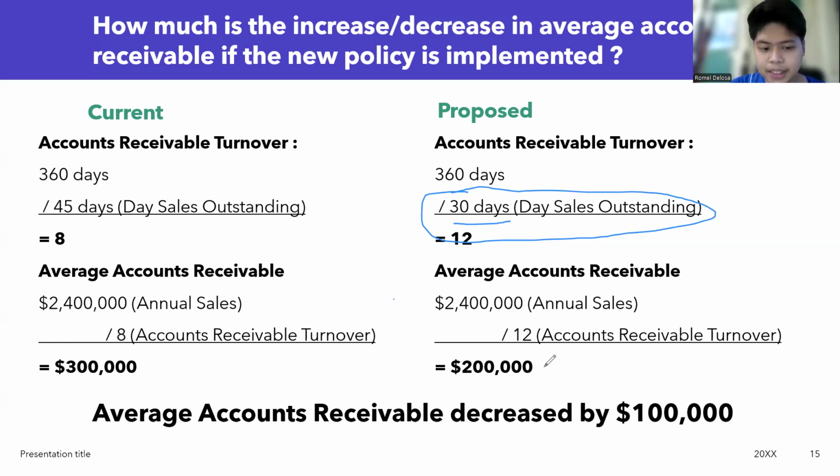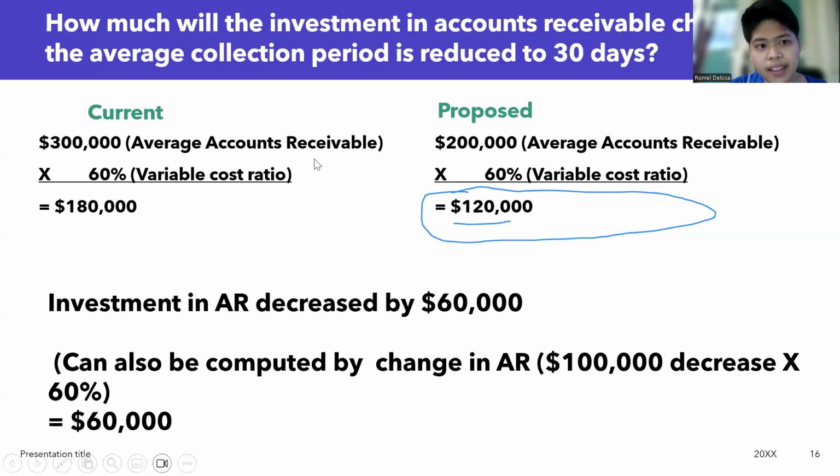So next, sige. Right now, we will look at how much will be the investment in accounts receivable if the average collection period is reduced to 30 days. So ang mangyayari dito, sa current, di ba yung current yung kanina, 300,000 times 60%. So 300,000 times 60%, so that is 180,000.